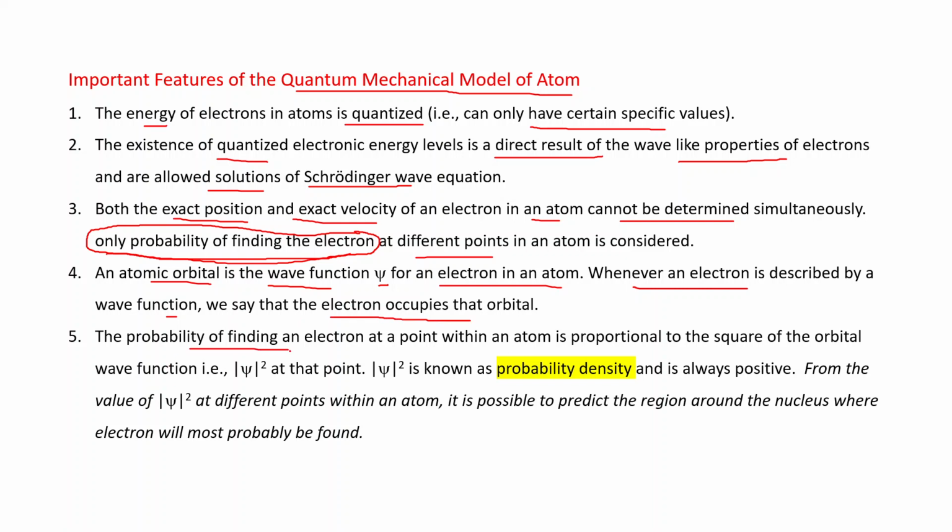The probability of finding an electron at a point within an atom is proportional to the square of the orbital wave function, that is ψ², at that point. ψ² is known as the probability density and is always positive. From the value of ψ² at different points within an atom, it is possible to predict the region around the nucleus where the electron will most probably be found.